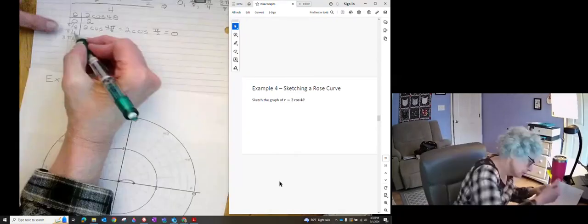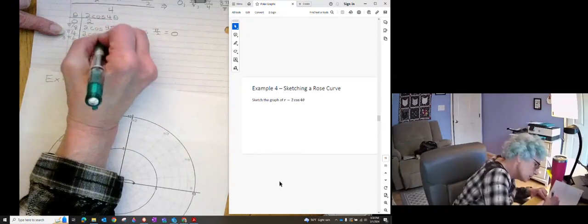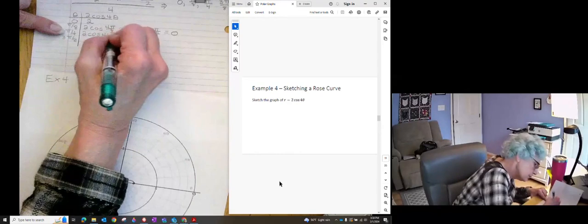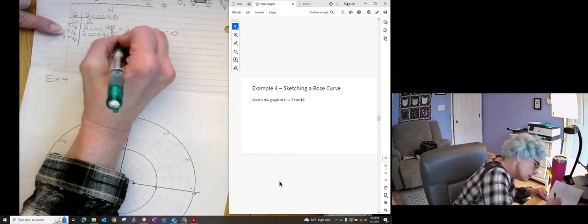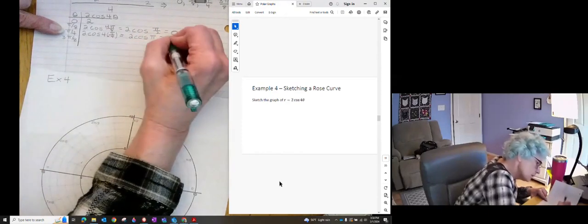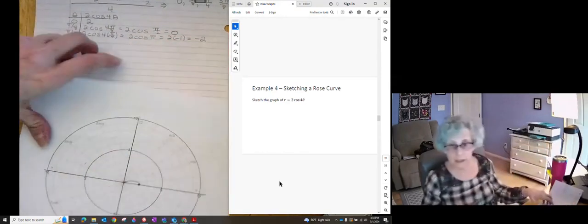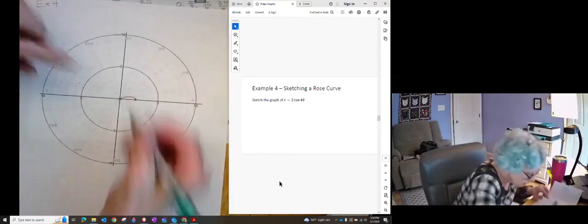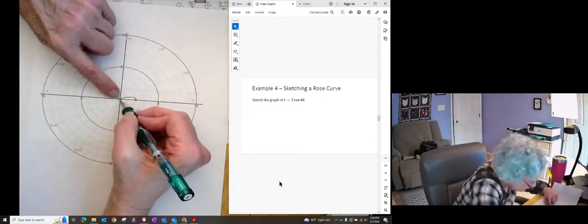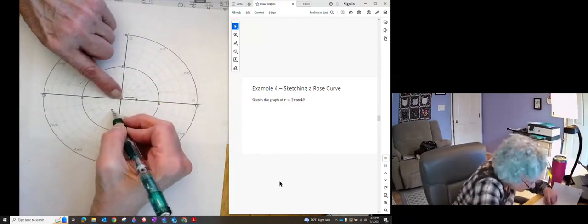At pi over 4, I plug in 2 cosine of 4 times pi over 4. So 2 times cosine of pi, which is 2 times minus 1, which is minus 2. So now I look at the point pi over 2 and I go to negative 2.